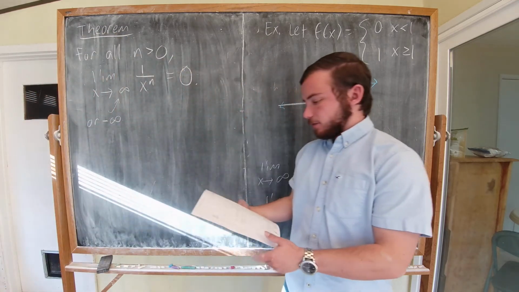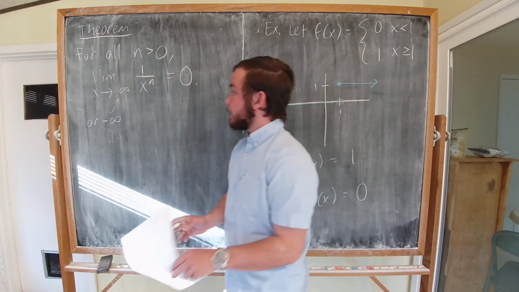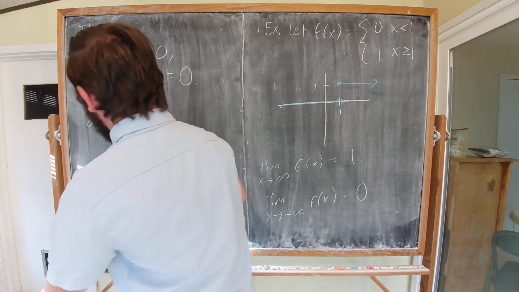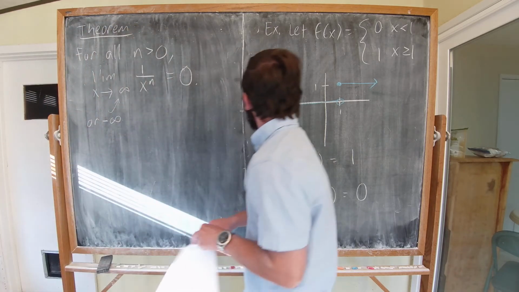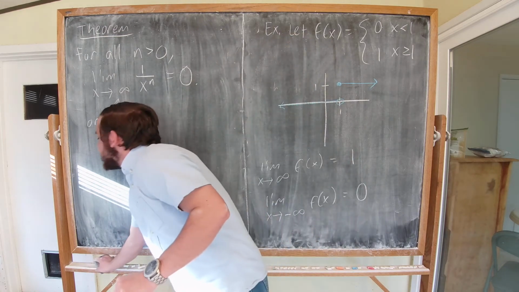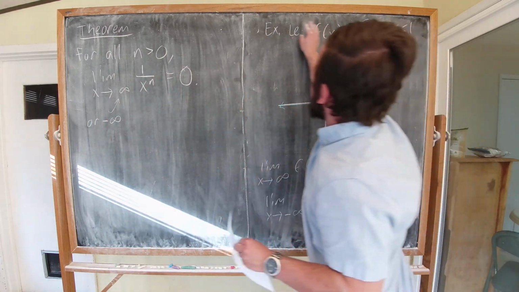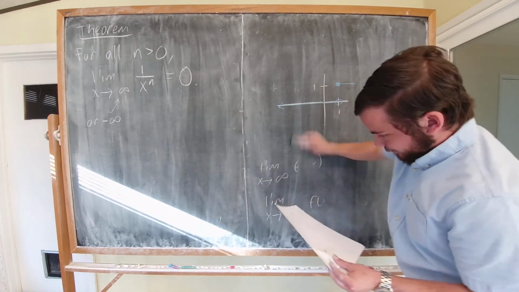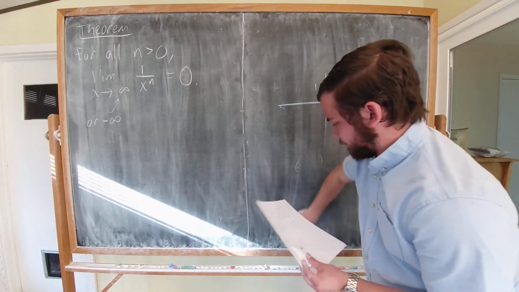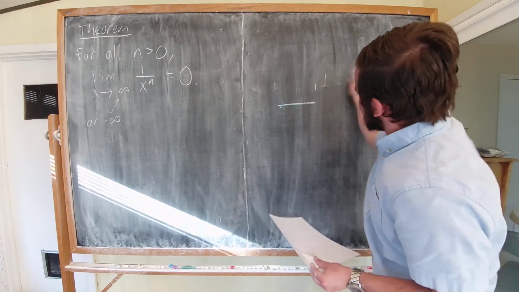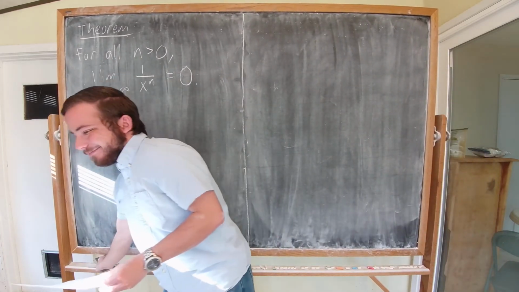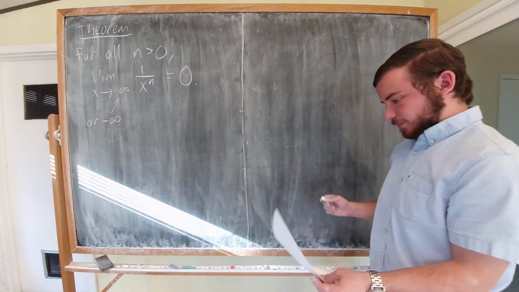And this actually unlocks for us a new technique for dealing with more complicated limits. I'll avoid that side of the board since the glare is coming through the blinds. And we'll jump over to here. Okay.